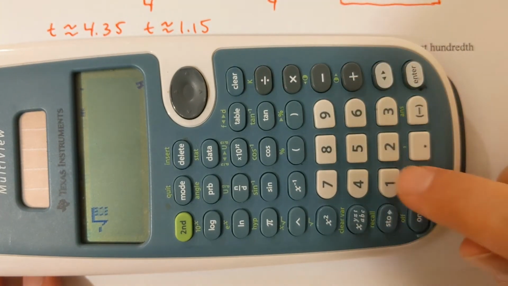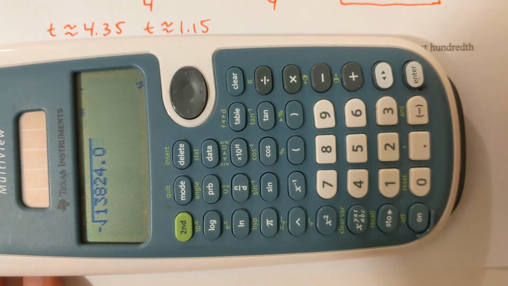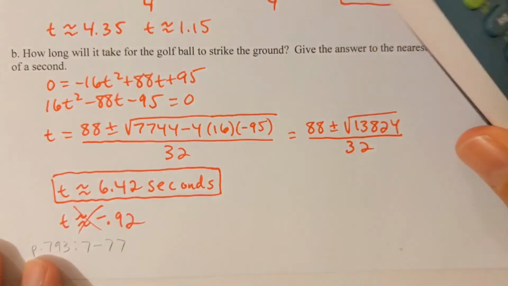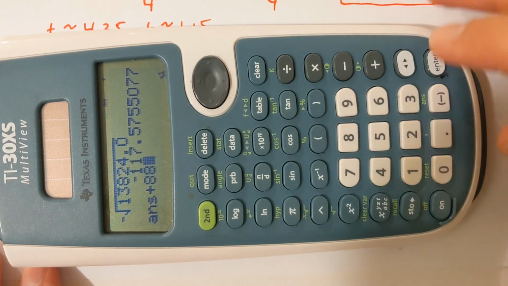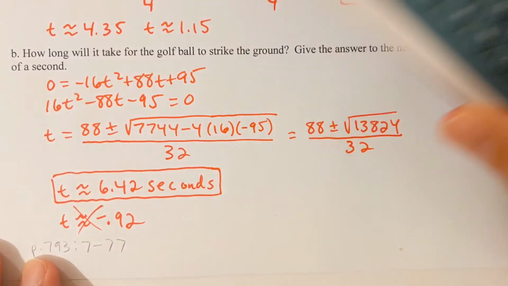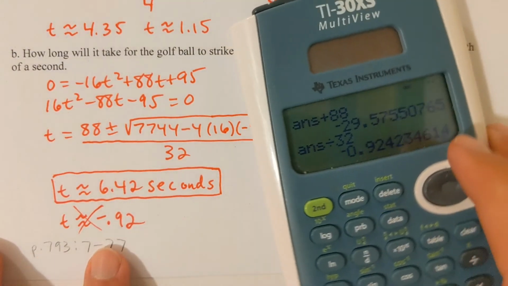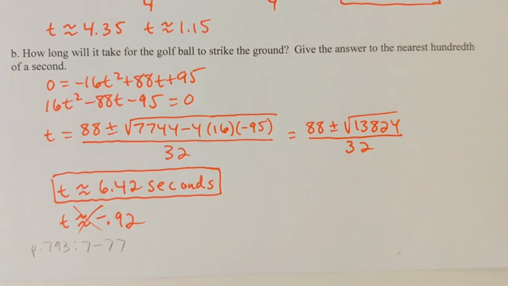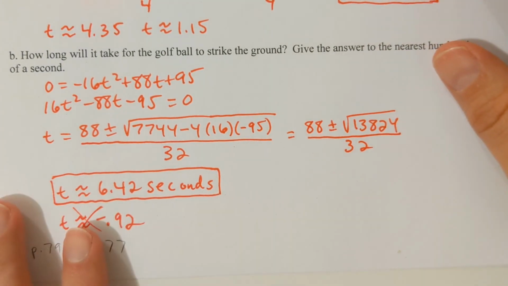The square root of 13,824, I'll say 0.0, okay, enter, and then plus 88, and then divided by 32. And I get negative 0.92. Time can't be negative, right? So we can throw away that number. That doesn't make any sense for what we're doing. And it looks like after roughly 6.42 seconds have gone by, the golf ball will be back on the ground.